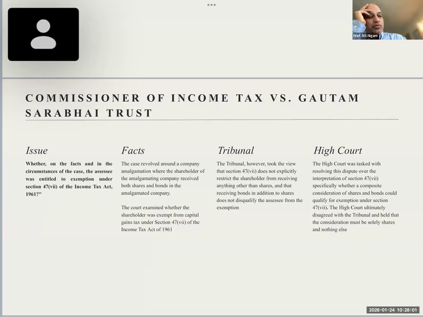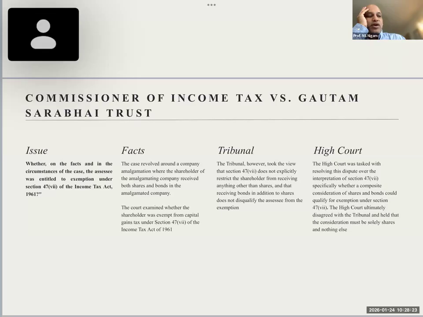I want you to go to your reading material, and I want you to go to note number 25. Note number 25 in your reading material. Please read it and tell me on what basis the High Court came to this decision.